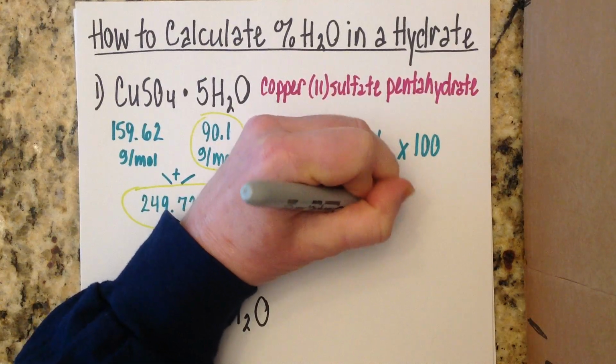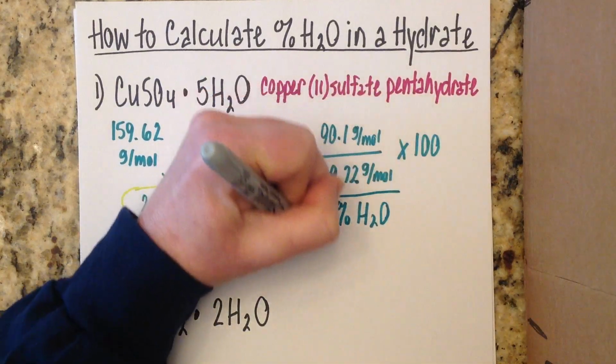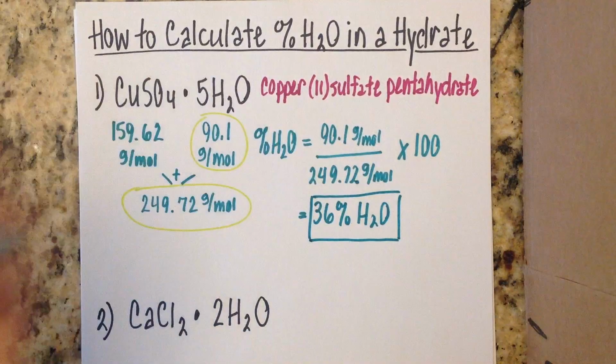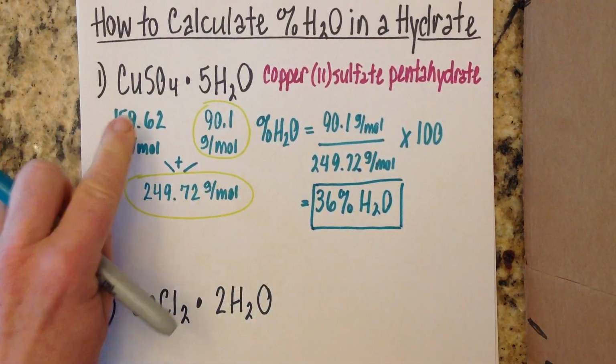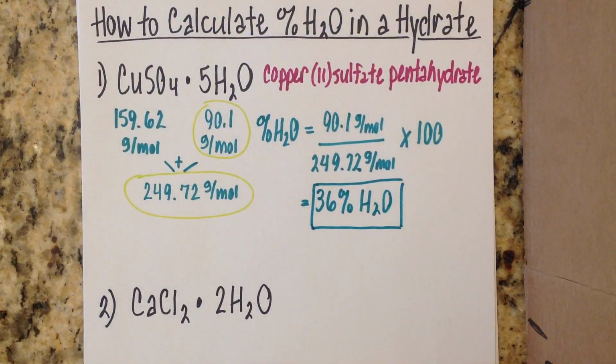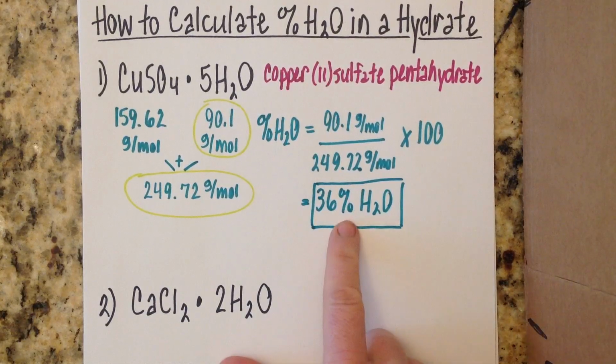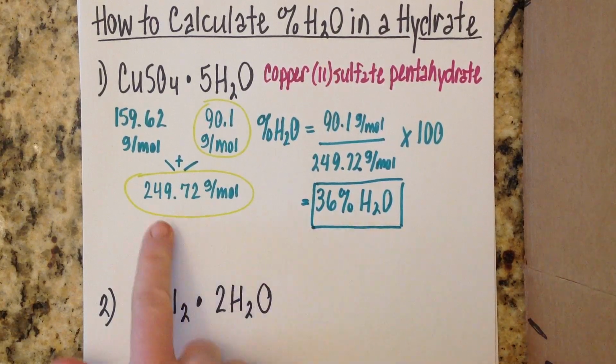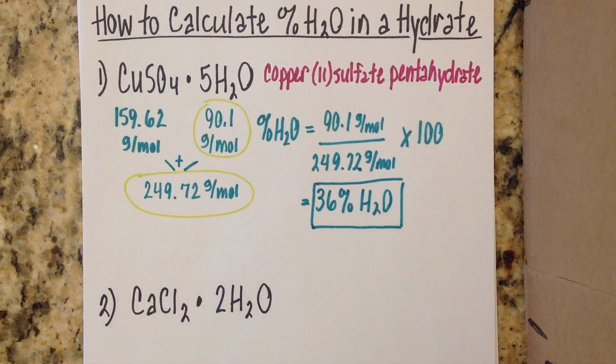So here's what you just found. Sometimes we get lost in the math and we forget, what was I even doing? Given this hydrate, if someone were to ask what percent of the mass came from just actual water molecules, we did the math, and we said 36% of this mass came from just the water.